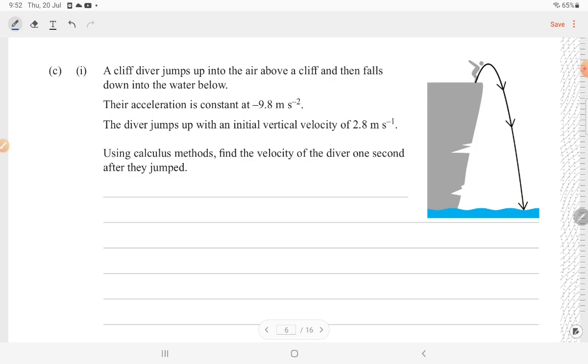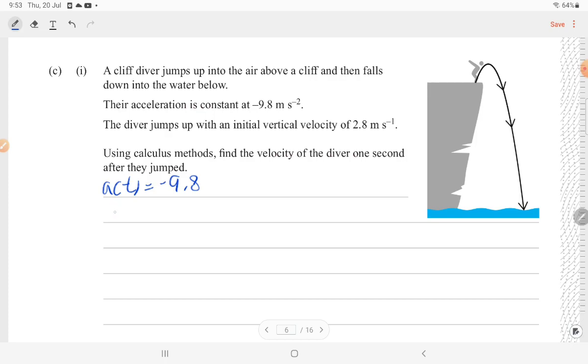So we know that acceleration a of t is equal to negative 9.8. We saw from before that differentiating velocity will give us acceleration. So to figure out velocity, we need to anti-differentiate acceleration.